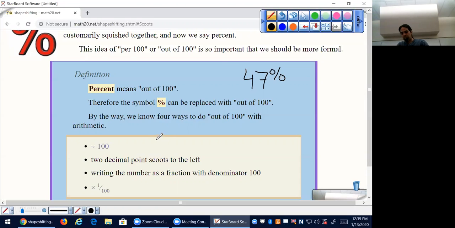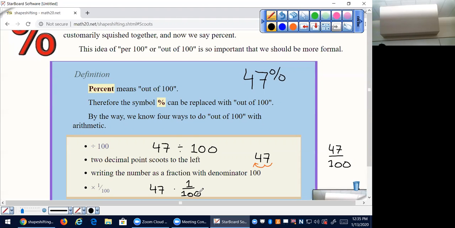I could say 47 divided by 100. I could say 47 and do 2 decimal point scoots. I could say 47 over 100. Or I could say 47 times 1 over 100.